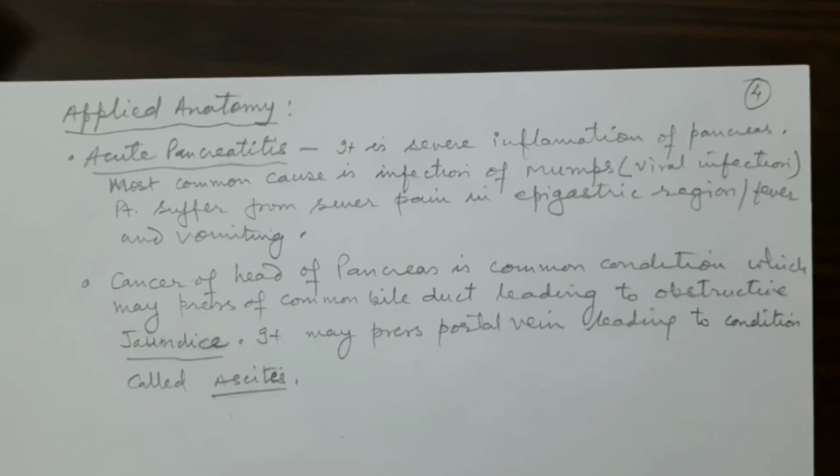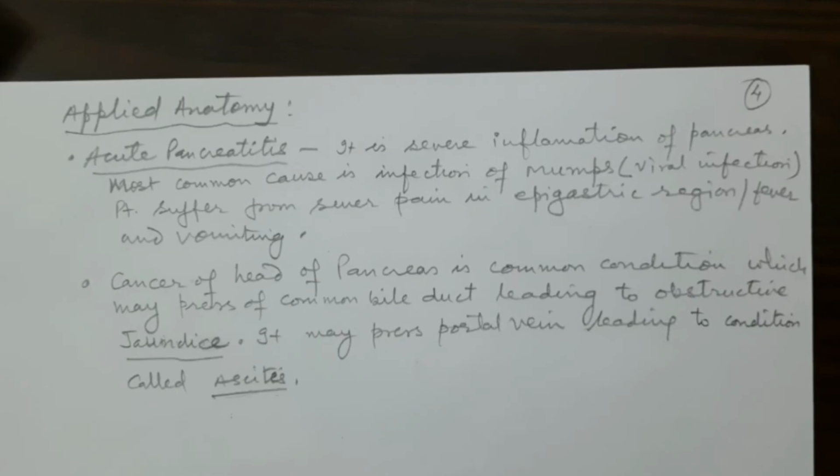It will dilate, and then the bile inside the liver will collect into the bile canaliculi and then pass into the blood. So the bile pigments may pass into the blood, and then the blood level of bile pigment will increase, and this yellow pigment will keep on depositing in various places in the body.